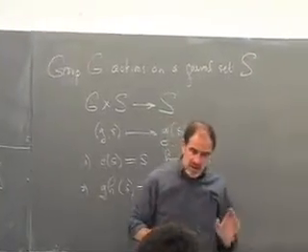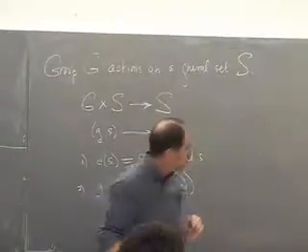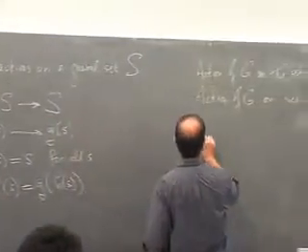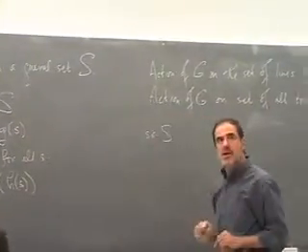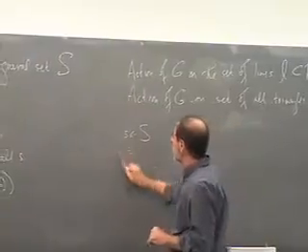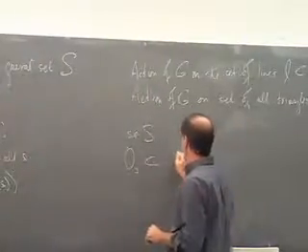Okay? Now, here's some terminology. If S is an element of S, we define 2 sets. One is a subset of S, called the orbit.